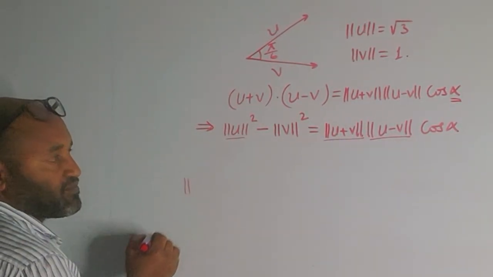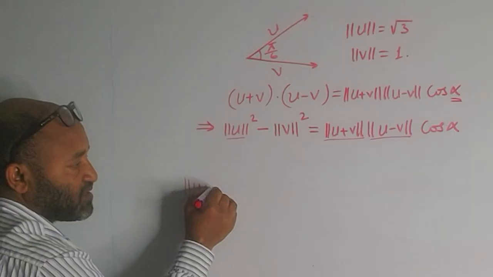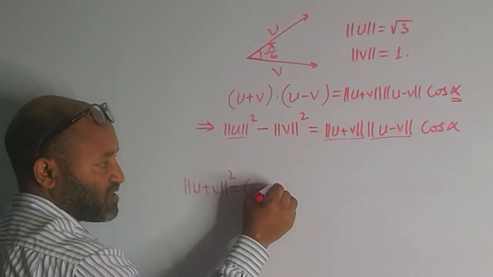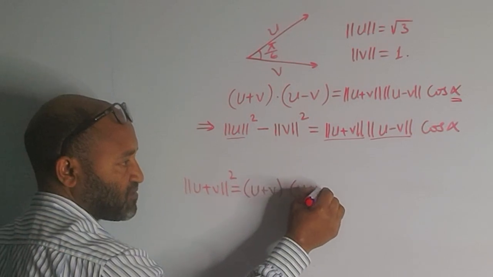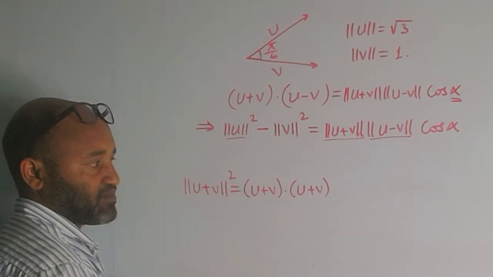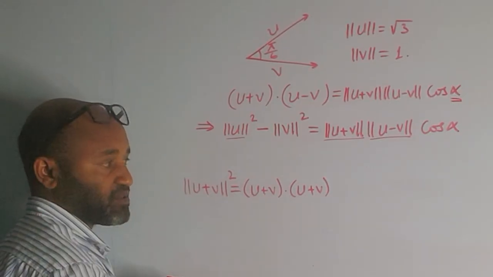Look, magnitude of u plus v square means u plus v dot u plus v. Apply distributive property here.